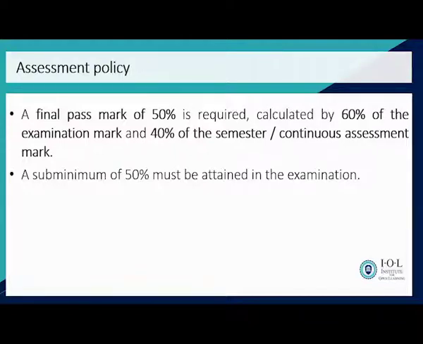From the examination, a sub-minimum of 50% must be attained, since your question paper is out of 120. So at least in the exam, score 60 marks. Those 60 marks are calculated as the 50% that you need, plus the continuous assessment, which will give you the 50 marks of pass when it has been converted.